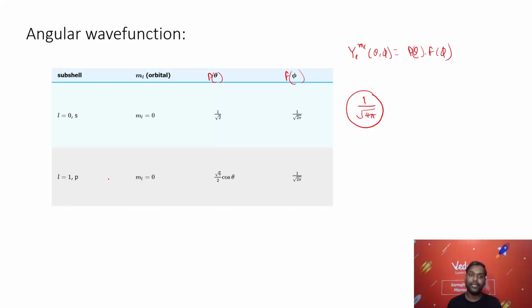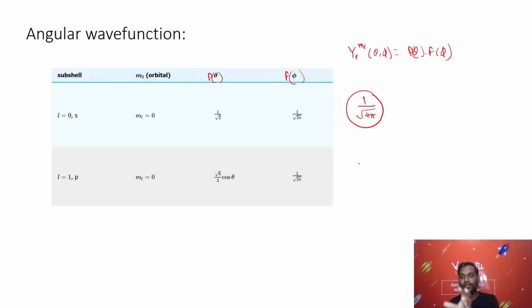So this means that every s subshell will have this as the angular wave function. In the p subshell there are 3 ml values: one of the orbitals corresponds to ml 0, one with ml +1 and one with ml -1. For ml 0, the Θ(θ) part is root 6 by 2 cos theta and the Φ(φ) part is 1 upon root 2 pi.